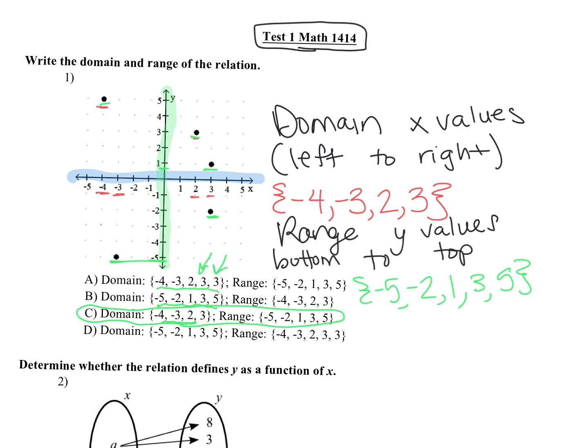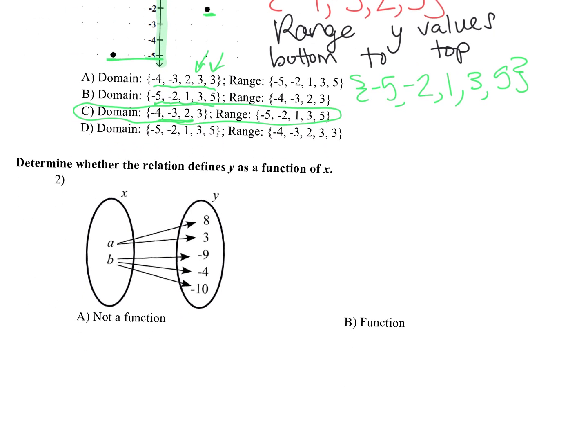Let's take a look at number 2. Number 2 is asking you to determine if that is a function or not. If you remember from your homework, the rule is basically that the x's cannot repeat for it to be a function. This is a mapping, so I want to look at this closely, and I might even write it as ordered pairs.